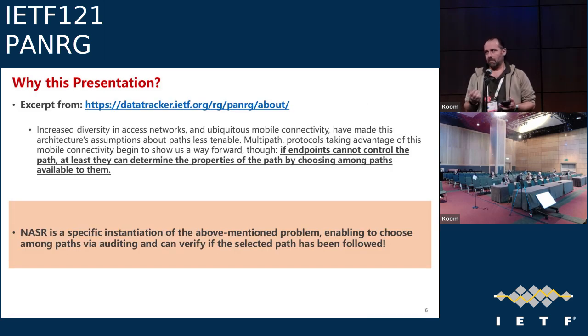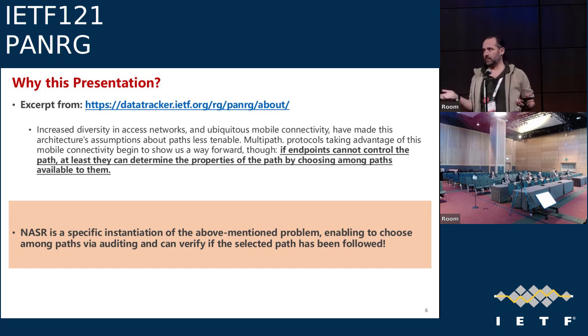Here you have an excerpt of the charter of this research group, and the last sentence, in bold, is very relevant here: if the endpoints cannot control the path, at least they can determine the properties of the path by choosing the best path available to them. This is exactly what we want to do.